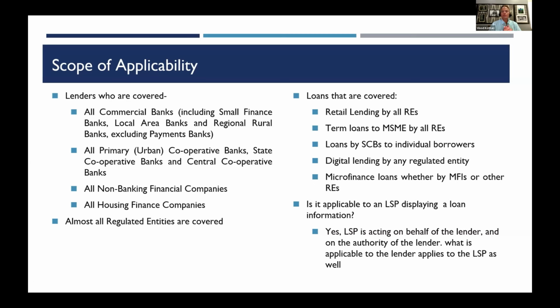So almost all regulated entities are covered, and the scope of loans which are covered includes retail lending by all regulated entities, term loans to MSMEs. Retail lending, what does it mean? We'll discuss further. Term loans to MSMEs: the borrower happens to be an MSME, and you are targeting the benefit of MSME lending.